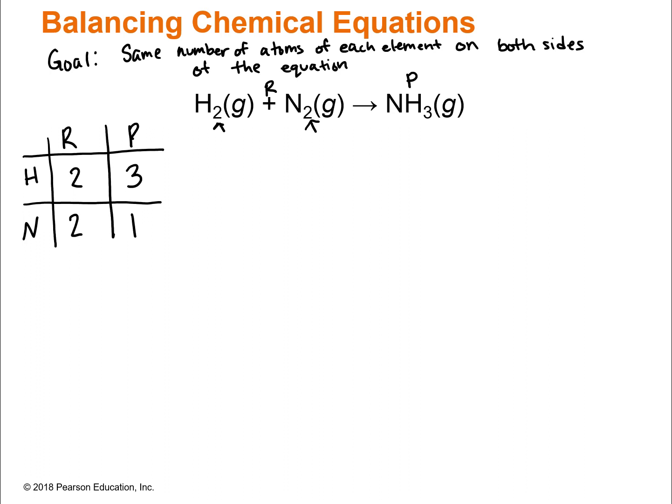In order to balance this, we're going to add coefficients. A coefficient is just a number in front of the compound that multiplies how many of each compound we have, and it'll balance out the number of atoms.